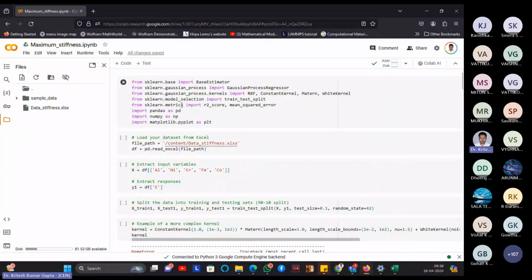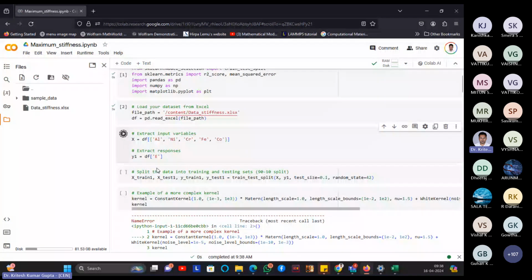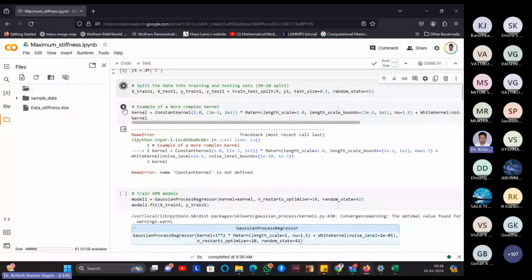Now, first of all, the same thing we are doing. We are constructing the Gaussian process regression, importing the data into the Colab framework, segregating X and Y. By this part, you already know what is happening.